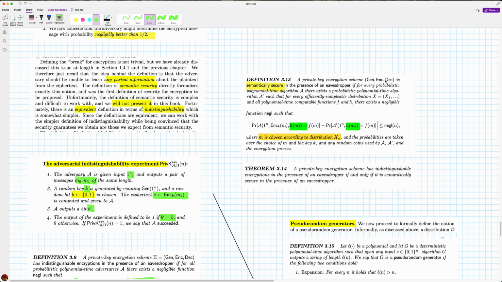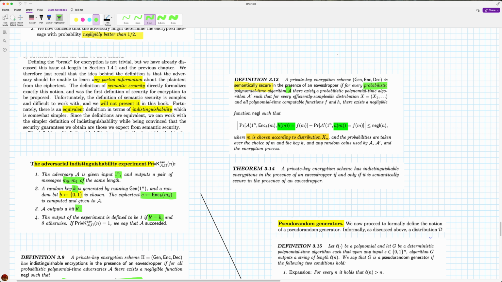So you have the scheme Gen, Enc, Dec, and we say it's semantically secure if for every PPT algorithm A, there exists a polytime algorithm A prime such that for every efficiently samplable distribution X and all polytime computable functions f and h, there is a negligible function satisfying this.